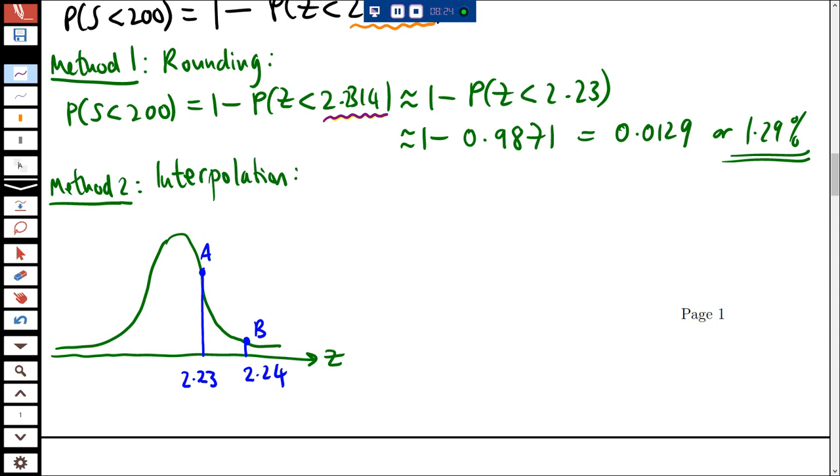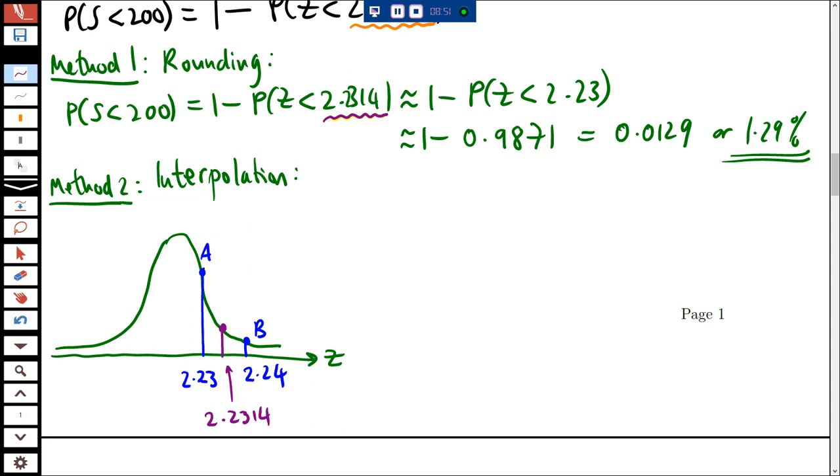Again, I'm not going to worry too much about the scale, maybe somewhere by here. This point is 2.2314, and I call the point on the curve C. Okay, so here's interpolation. Actually, I think I'll take that C off. It's just the point on the curve.